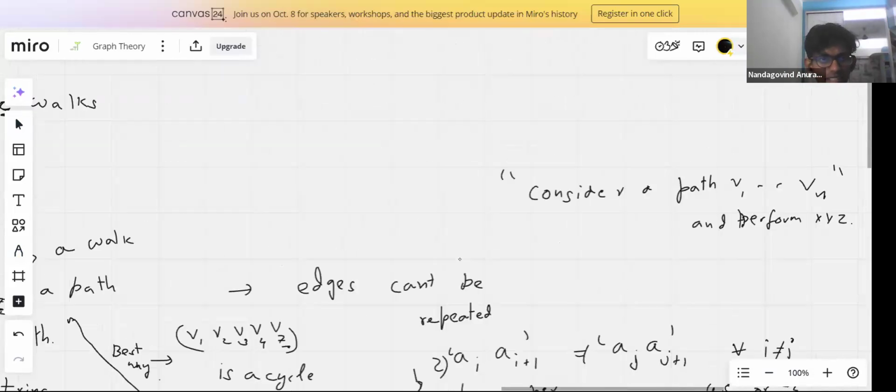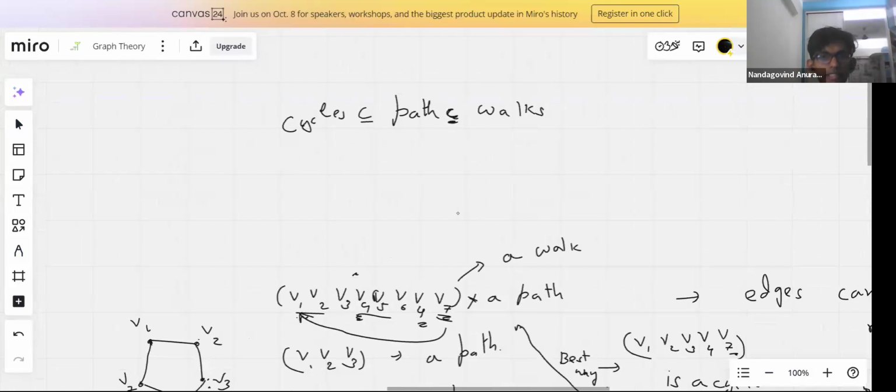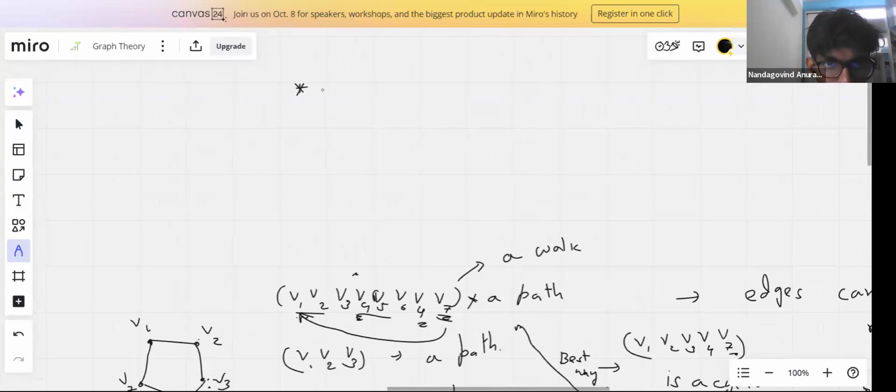Anyways, I was talking about connected graphs. Let's talk about when a graph is connected.